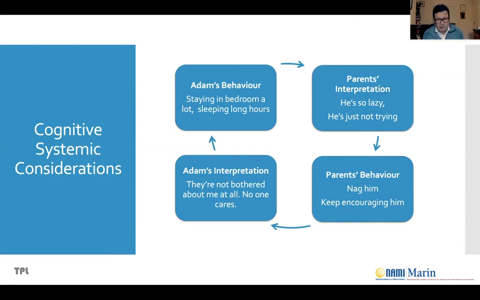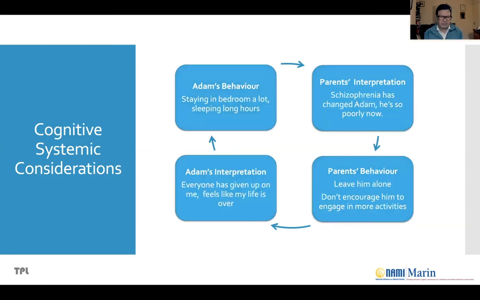And hey, they're critical just now. Maybe they're not bothered about me at all. Maybe no one cares. And of course, you can see that that is a perpetuating cycle. And this is something that we often see happening, despite the fact that the family members wish the best and mean the best and are doing their best. That's how it can come across.